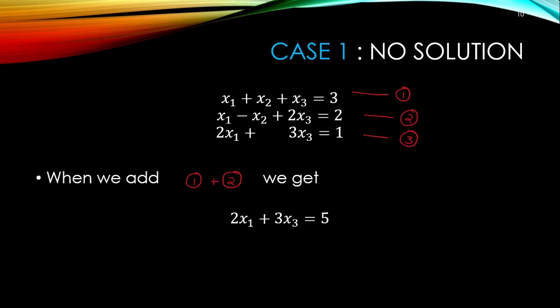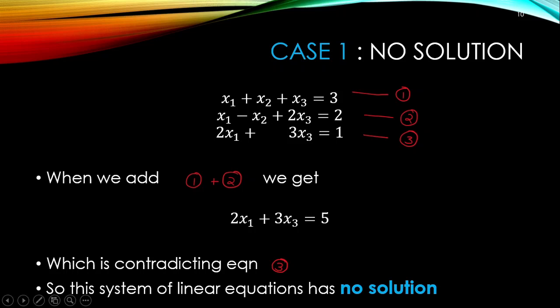And you just check this equation with the third equation, it is contradicting. What does the third equation say? 2x1 plus 3x3 is equal to 1. But here it gives us 5. So it is a contradicting solution.